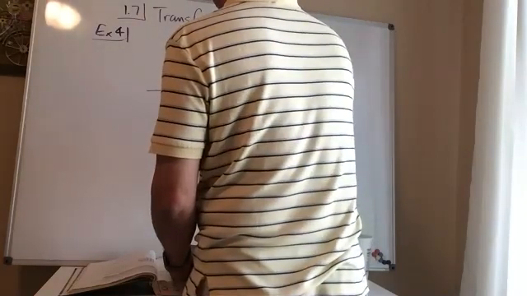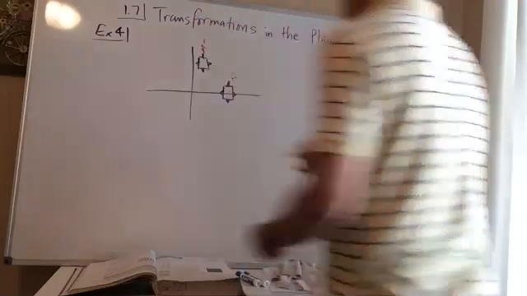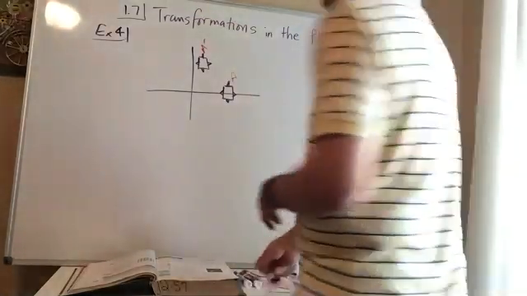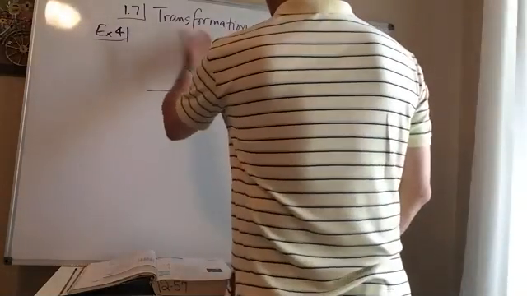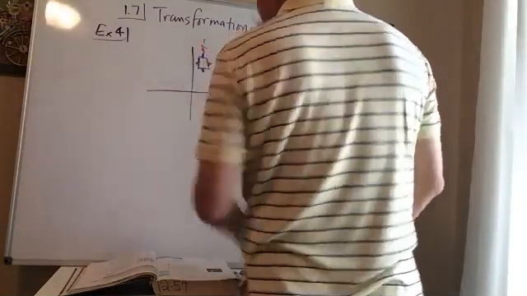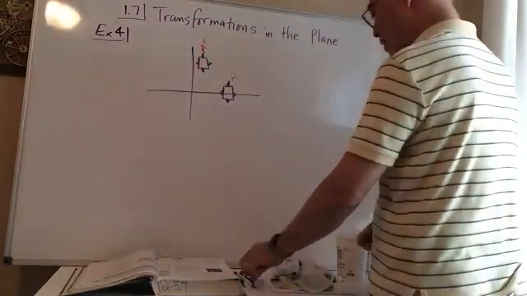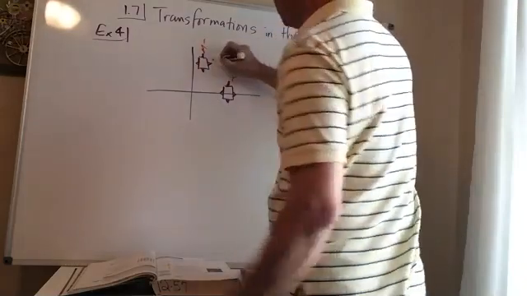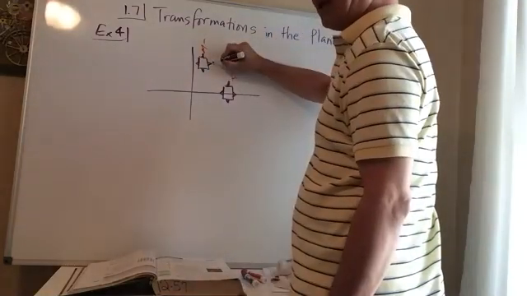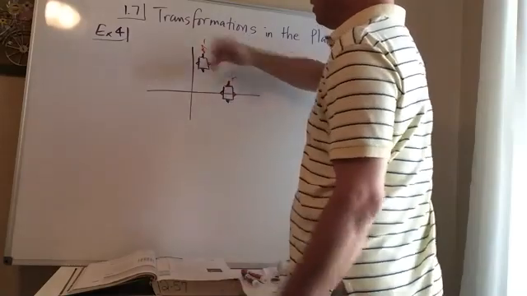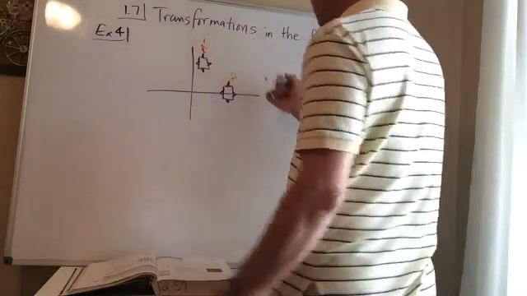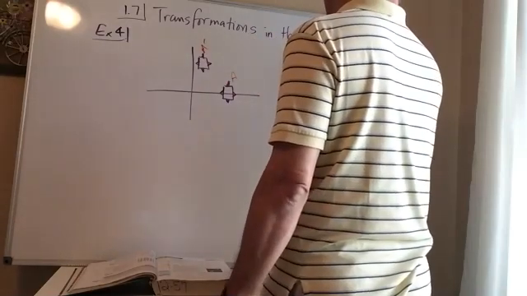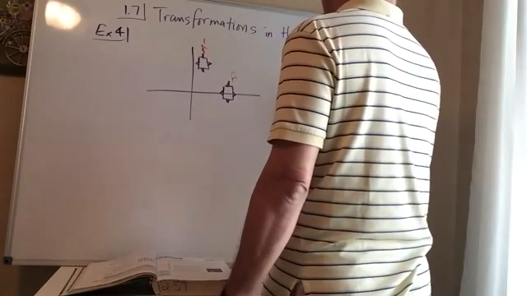Now that I have this, I see that I can't reflect across and get that, because if I reflect it across, A prime should be right here if I reflected it across a line here, right? So it's not a reflection, which means that now it's either going to be a rotation or a translation.